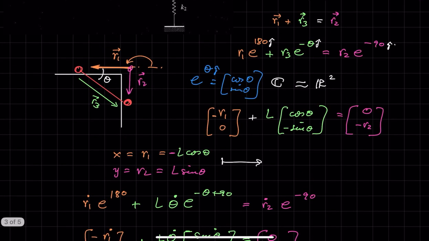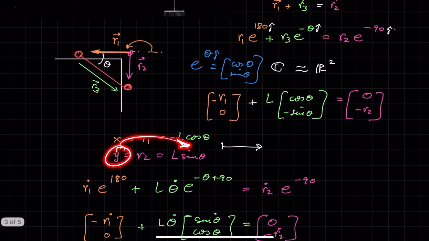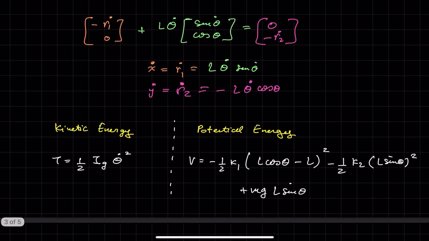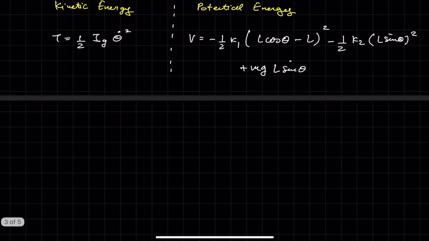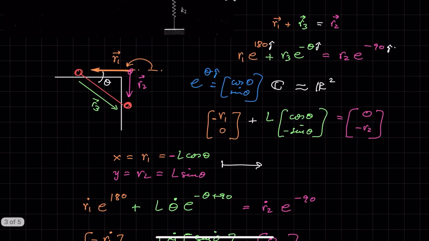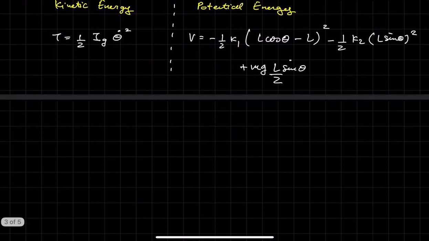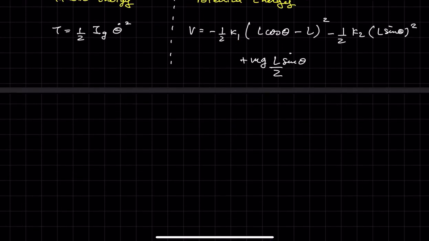So initially I expressed that this is my frame, so I just put plus mg, and that depends on g, on the height. But I also consider that this is at the center of mass, that is right here, L and a half, right? Okay. Well, right now we can express the Lagrangian mechanics.